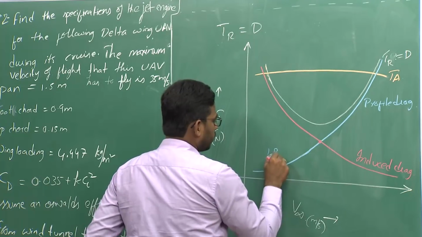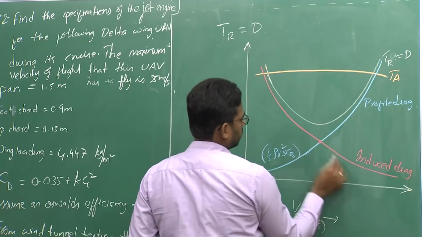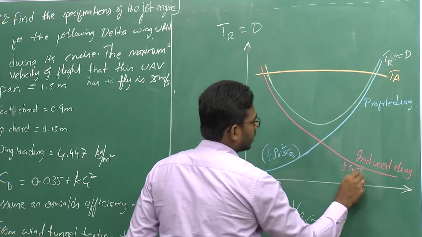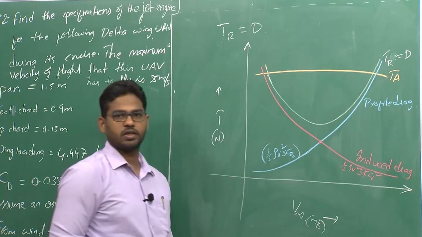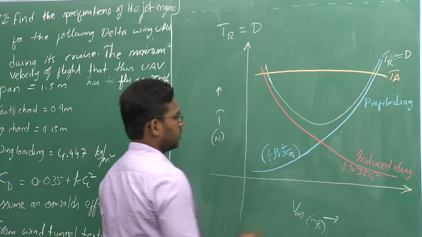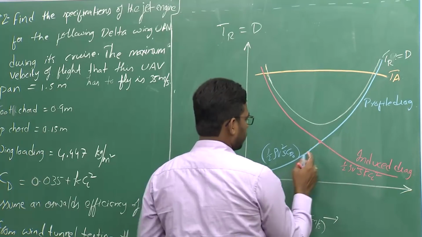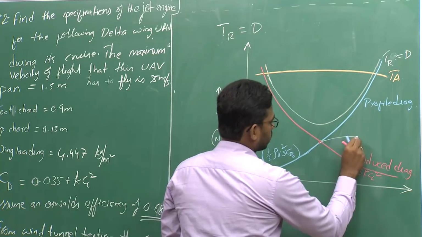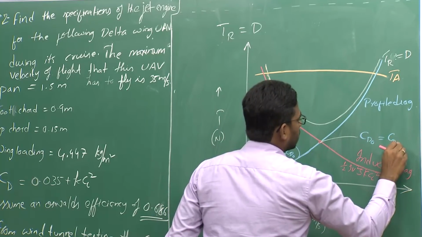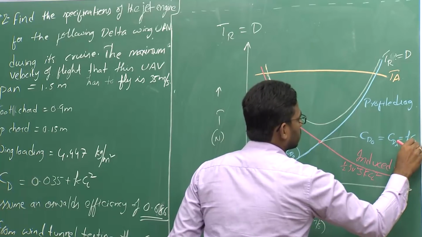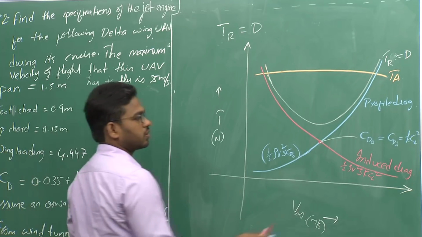So, this is like half rho v square S CD naught, and this is half rho v square S into K CL square. K CL square we can term as CDI, the coefficient of induced drag. At this point these two coefficients are equal, so this point corresponds to CD naught equals CDI, that is equal to K into CL square. So, K CL square is equal to CD naught.